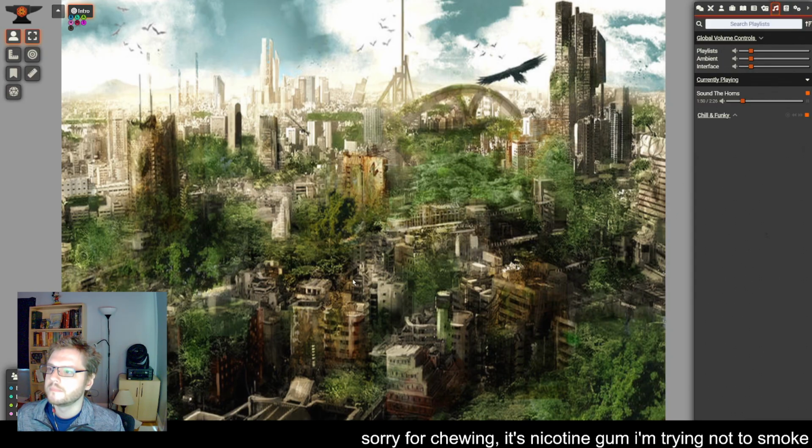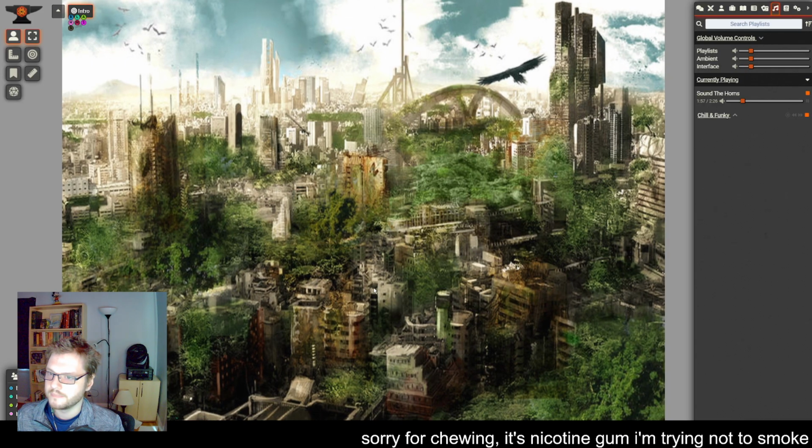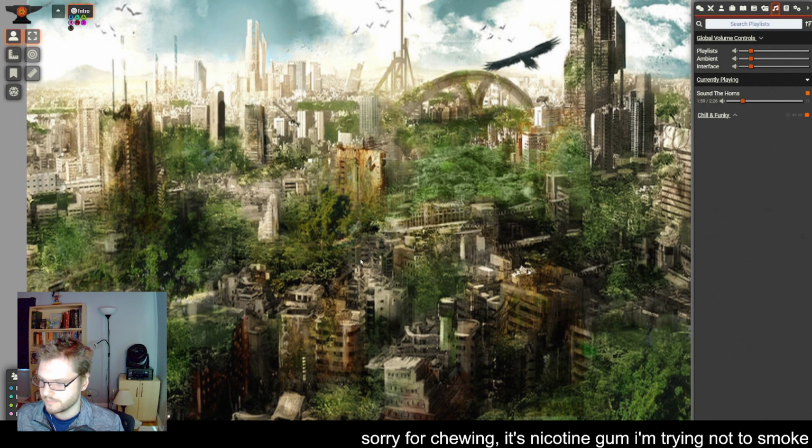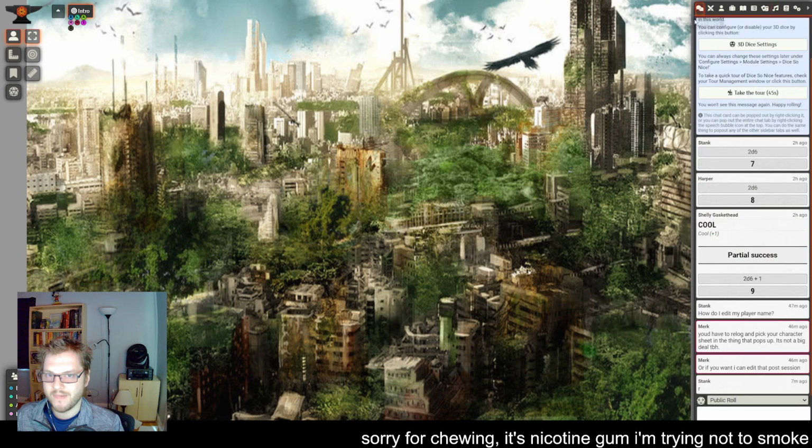As we pull in closer and closer to the city, we see trees, megafauna, all these sorts of growths covering skyscrapers and bridges, just a whole sea of green and rusting metal.